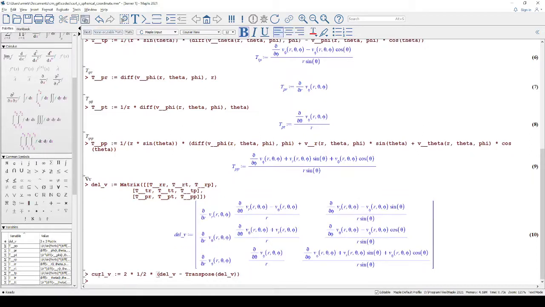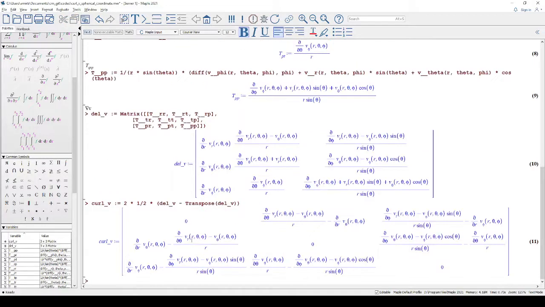To find the curl of a vector, you have to find its dual vector and multiply it by 2. So 2 times the dual vector here. And the dual vector is del V minus the transpose of del V, divided by 2. If I do this, I will get an anti-symmetric, or skew-symmetric, kind of tensor, which can be characterized only by a vector.